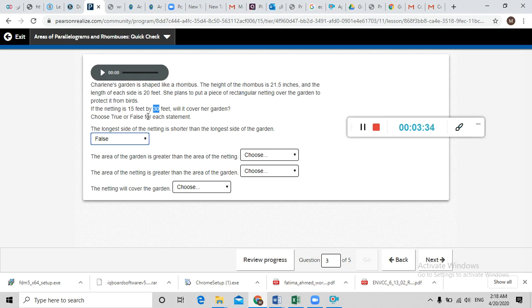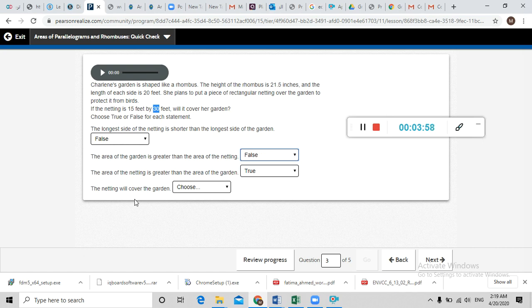But the area of the rectangle, or the netting, is 15 multiplied by 30, which equals 450 feet squared. So the area of the netting is greater than the area of the garden. So here true and here false.